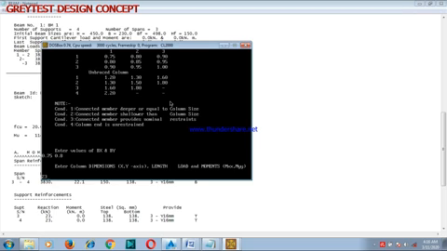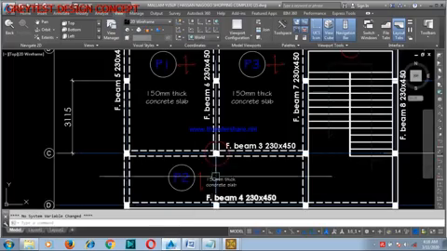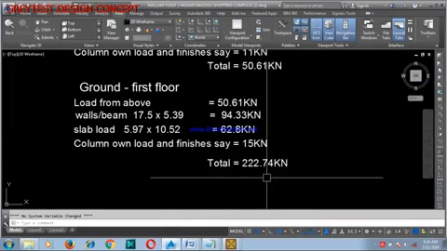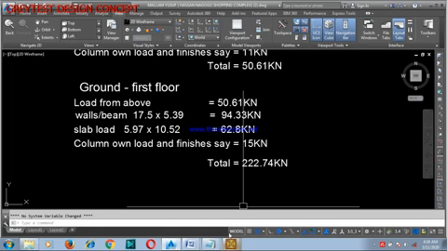Okay, the length is 3000. What is the load? This is the load we got from our calculation, 222.74.